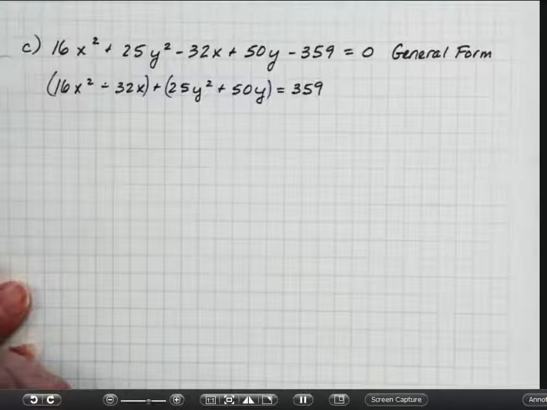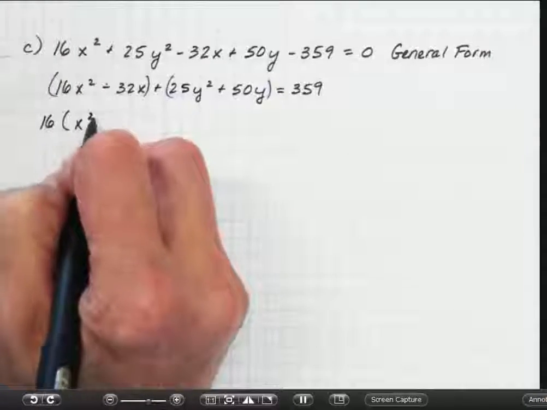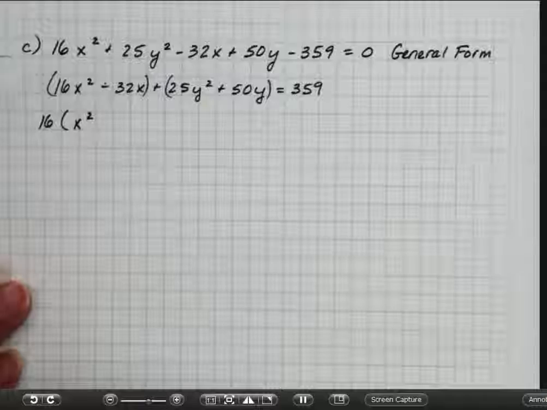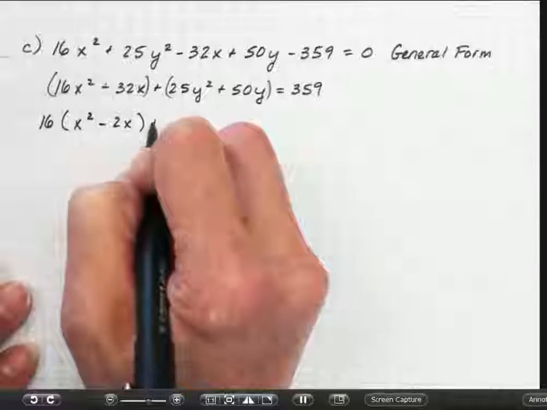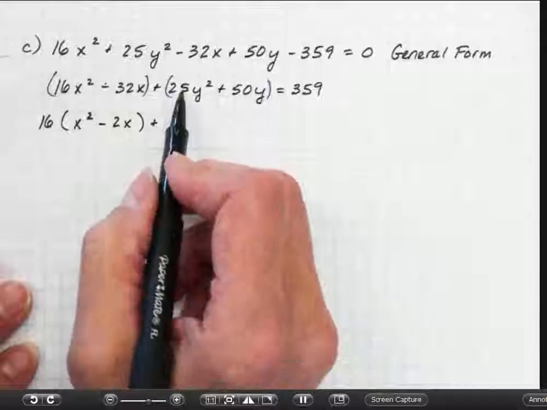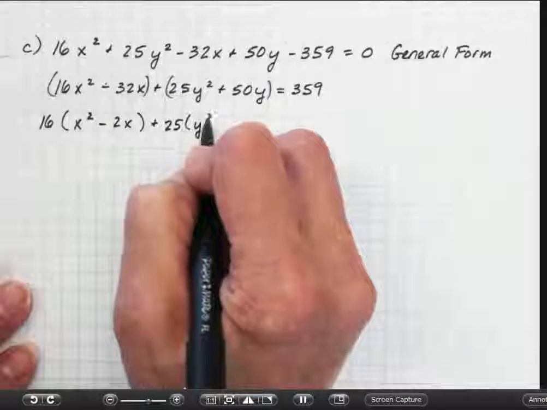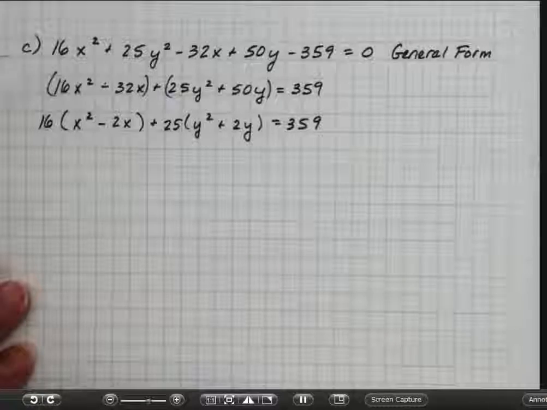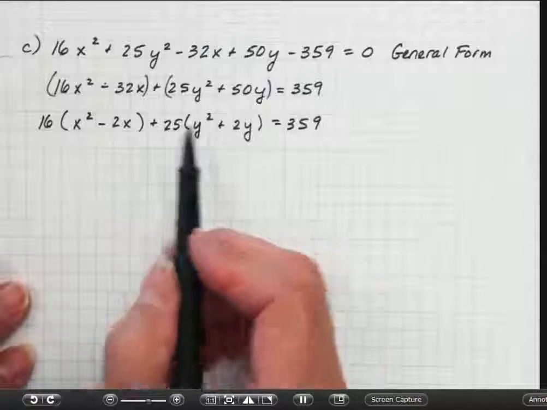So I need to factor out whatever the coefficient of my x squared and my y squared term is. For my x squared, I need to factor out 16 from each of the terms. When I factor out 16, I end up with x squared minus 2x. From the y's, I need to factor out a 25. I'm left over with y squared plus 2y. Now we need to complete the square on each of our x terms and our y terms.